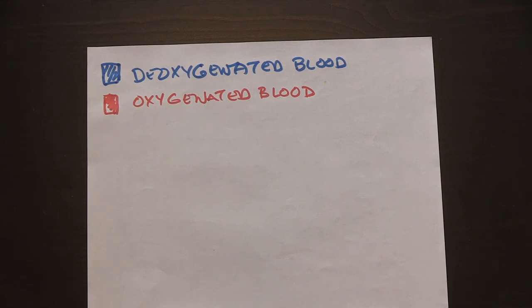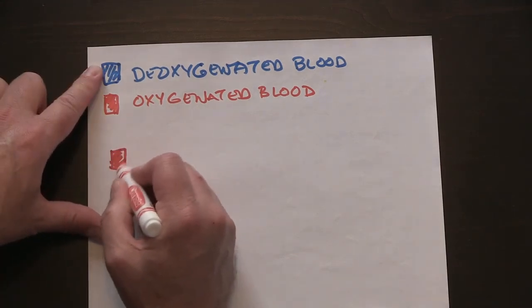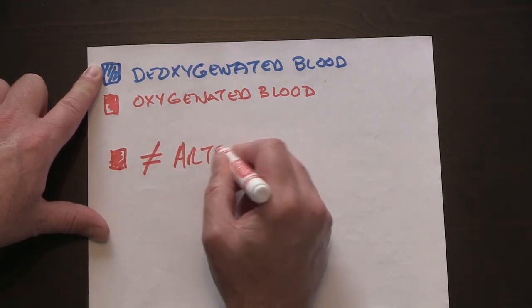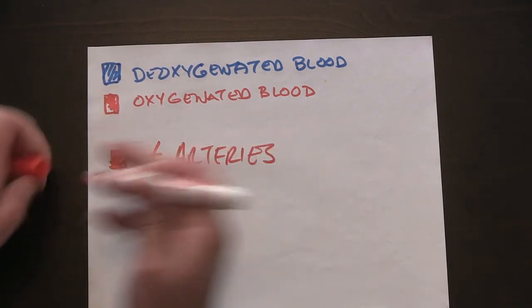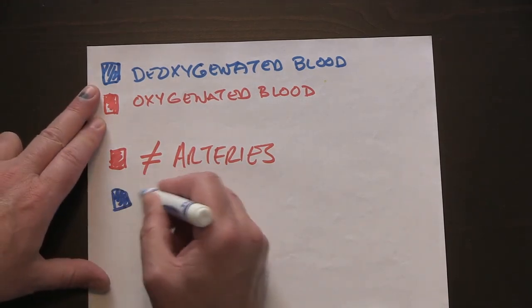So one thing to point out here is that red does not equal arteries, always. And blue does not always mean veins.